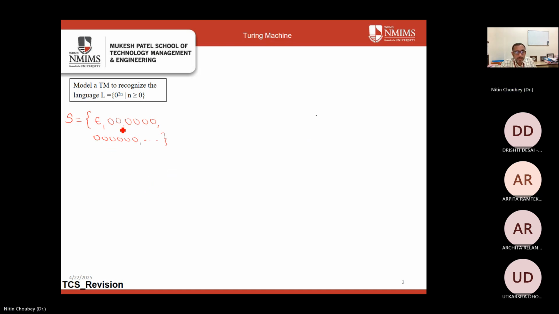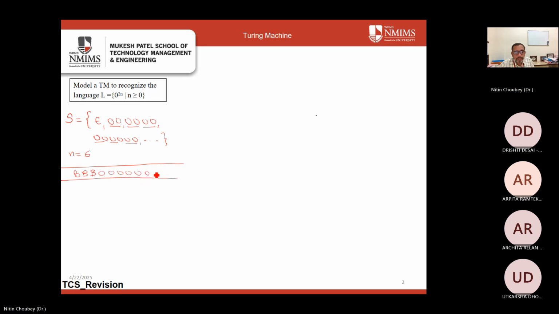So every time we need to check: do we have two zeros followed by two zeros, followed by two zeros, and so on? If we talk in terms of a tape and your value of n is 3, your input is like this: B, B, B, 1, 2, 3, 4, 5, 6.